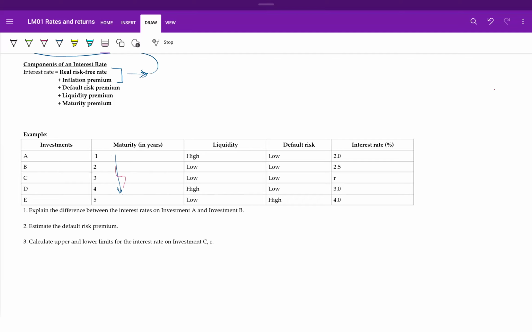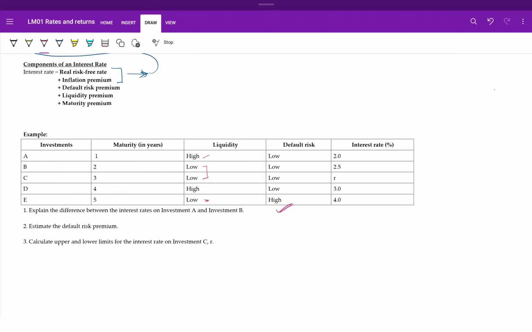Let me just do one thing. And when we talk about default risk, this has the highest default risk. So now let's factor in these things. As we move down, the maturity premium increases. When we look at the liquidity, because of the high liquidity, the liquidity premium is going to be low, and because of low liquidity, the liquidity premium is going to be high.